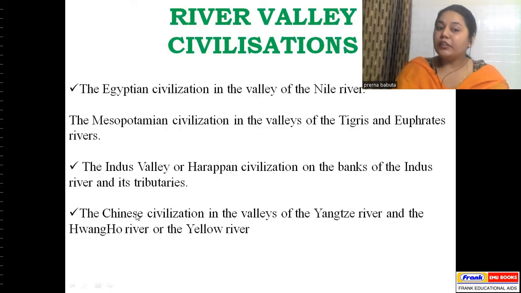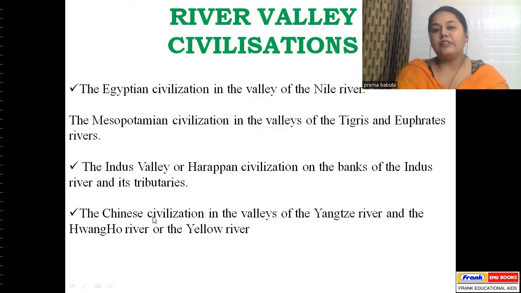So these were the 4 main river valley civilizations. First, we talked about the Egyptian civilization, which was near the river Nile. Then the Mesopotamian civilization, which was in the valleys of the Tigris and Euphrates rivers. And then you have the Harappan civilization, which was on the banks of the river Indus and its tributaries.